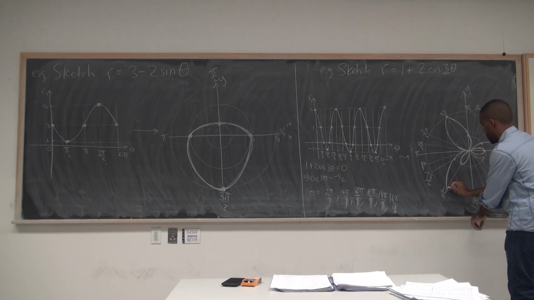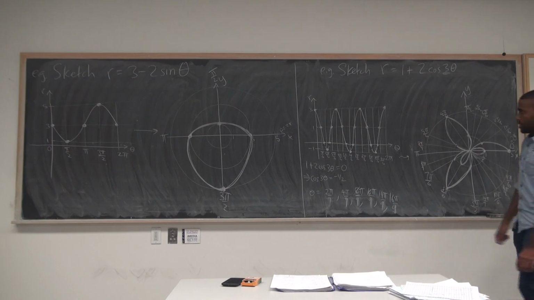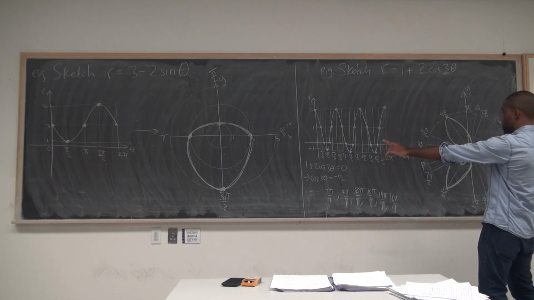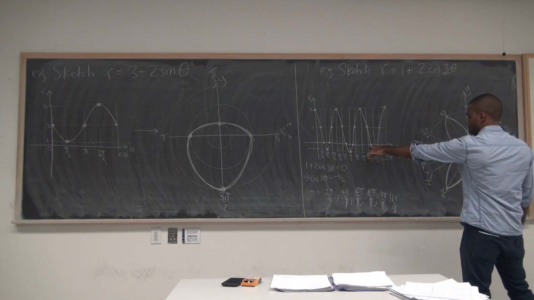And I'm at the circle radius 1. Then I'm going to hit that 0. Do you sort of see what's happening? It's 3. Then I'm at this 0.